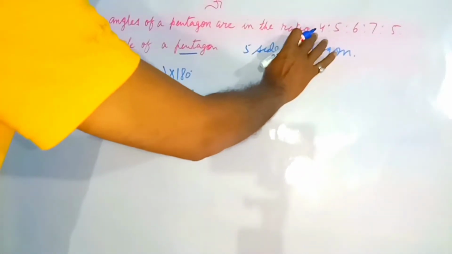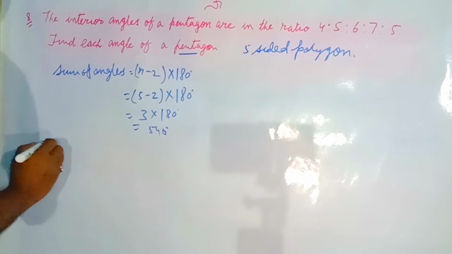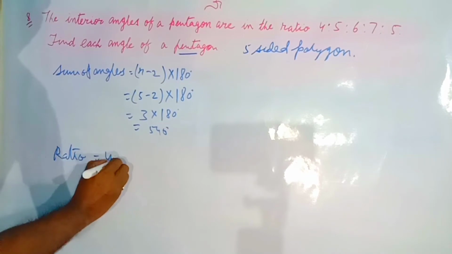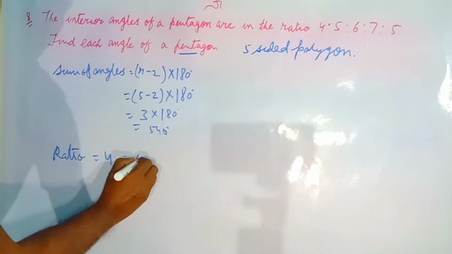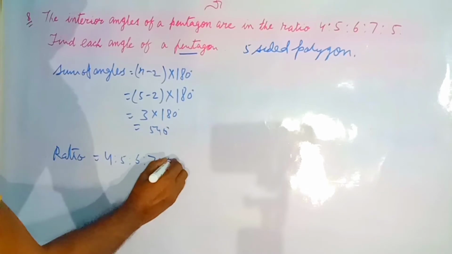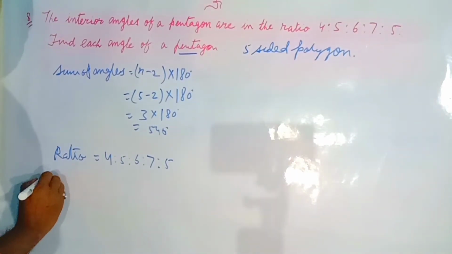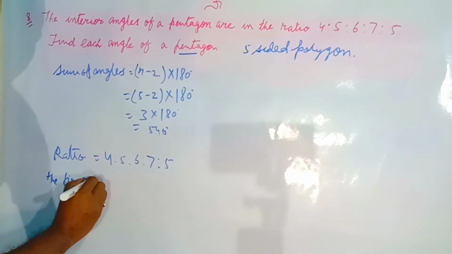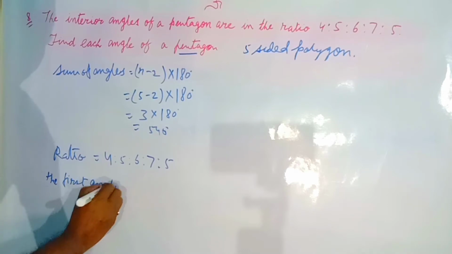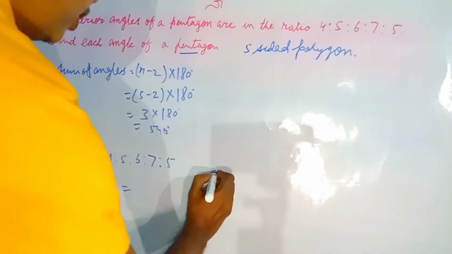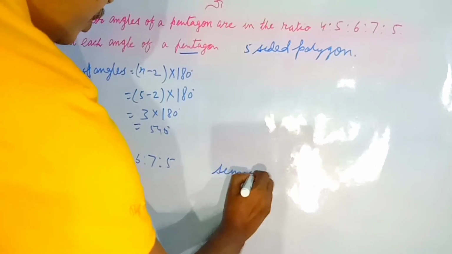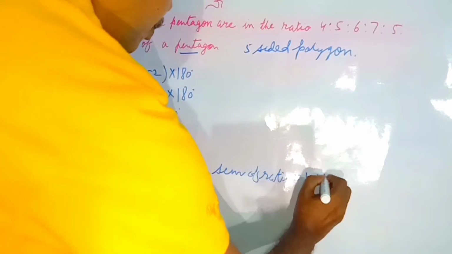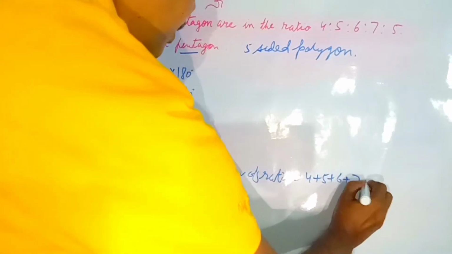This one is the sum of angles. Now the angles are in the ratio 4:5:6:7:5. For the first angle, first we will find the sum of the ratio. Sum of ratio is 4 plus 5 plus 6 plus 7 plus 5.